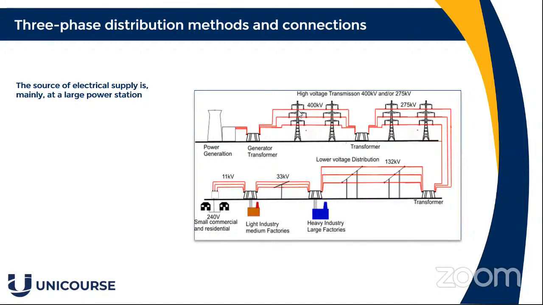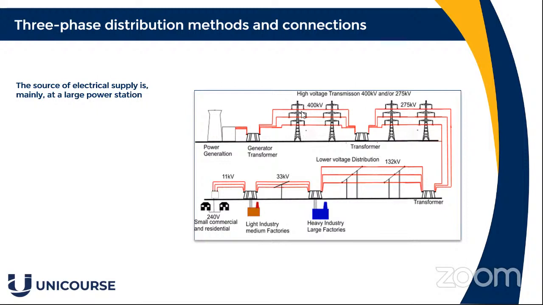Quite often they're on pylons, but in areas where they can't put a pylon, they have to do it underground, and that can go under fields, and they have to get permission from farmers and things like that.